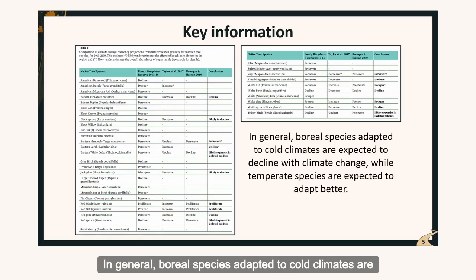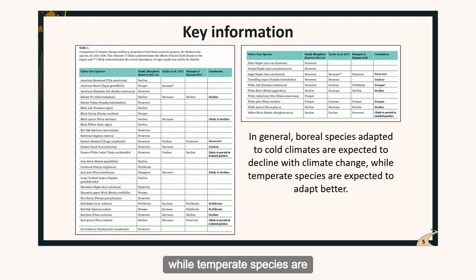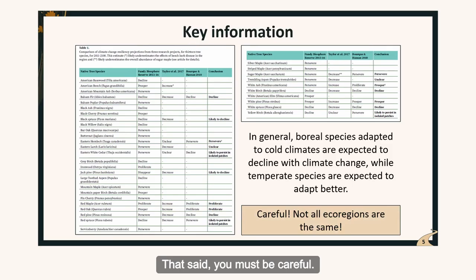In general, boreal species adapted to cold climates are expected to decline with climate change, such as balsam fir, while temperate species are expected to adapt better, such as red oak. That said, you must be careful. Not all ecoregions are the same. The Wabanaki Acadian forest covers over 100,000 square kilometers in eastern Canada.